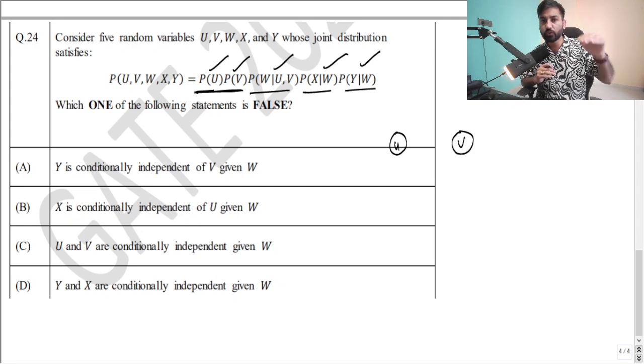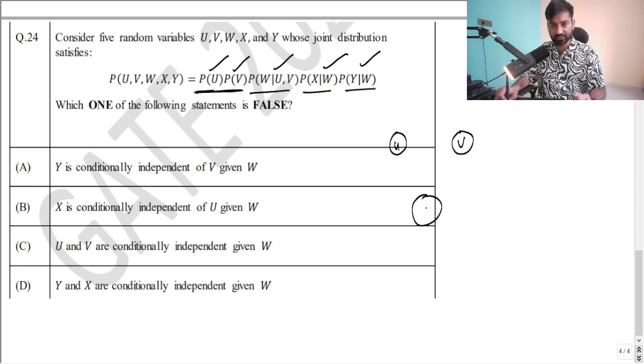You see u and v can come in any order, u comes first or v comes first, but make sure that u and v should come before w. So w is now occurring, but u and v have already occurred, and probability of w is given that u and v. So the arrows, let's say this is w here, will be like this. Understand?